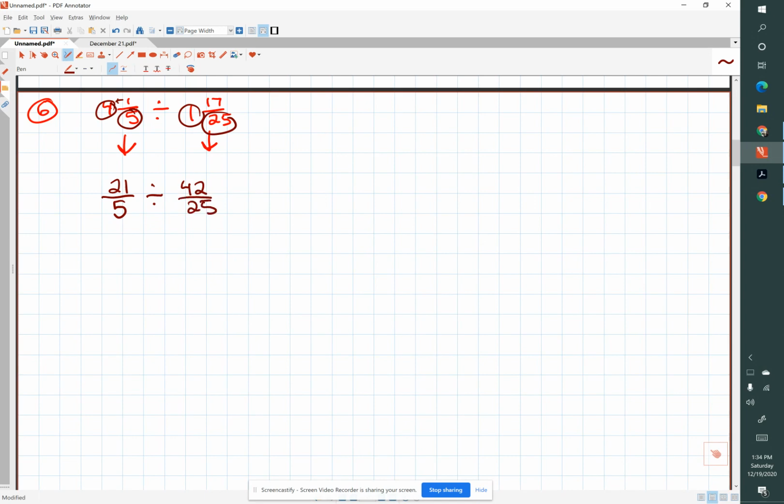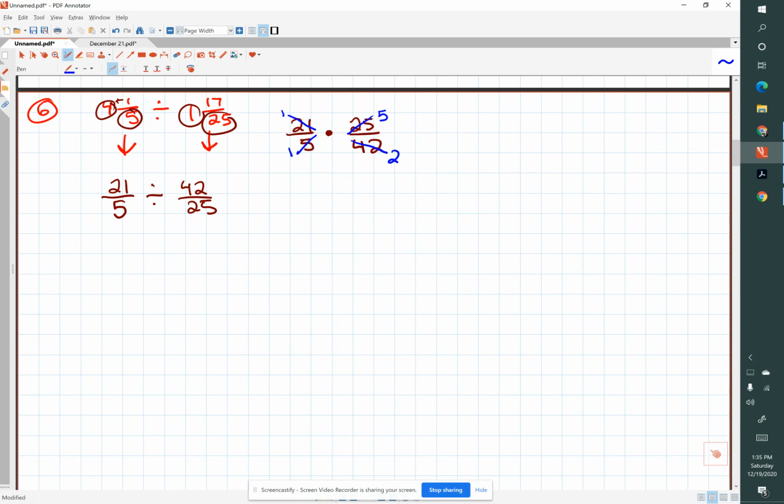Now we'll do our keep, change, flip. Keep the first fraction, change the division to multiplication, and flip the second fraction. And we've got some great opportunities to simplify this. 5 divided by 5 is 1. 25 divided by 5 is 5. 21 divided by 21 is 1. And 42 divided by 21 is 2.